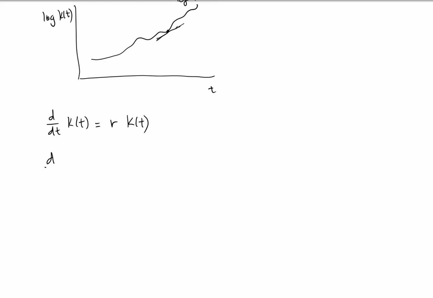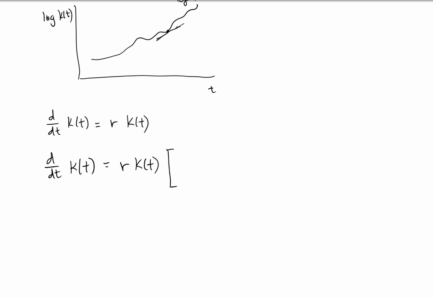And that is going to be this model, which is the change in the population k of t over time equals r times k of t. This so far looks very similar, but we're going to multiply it by something.